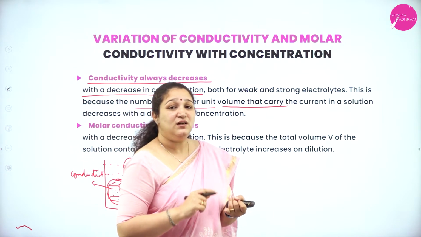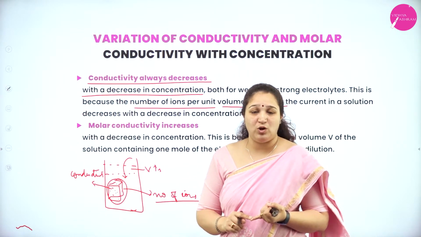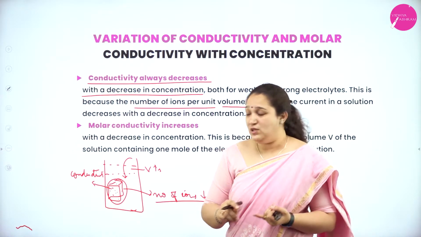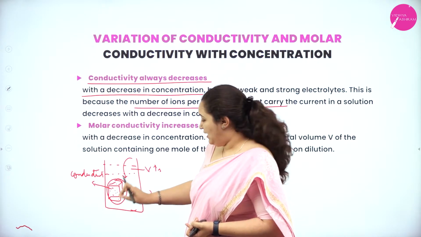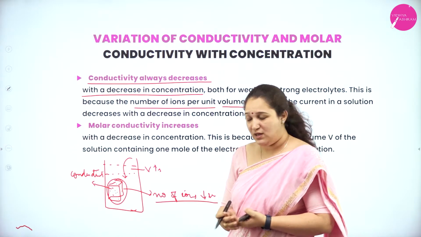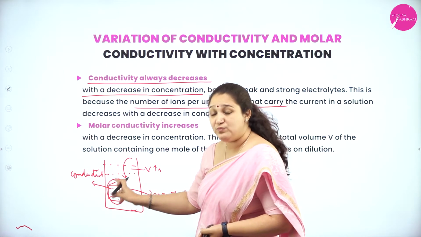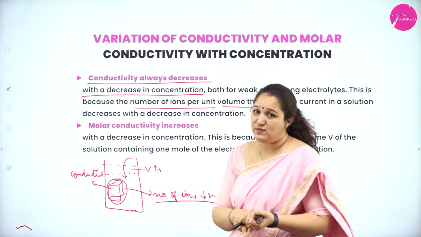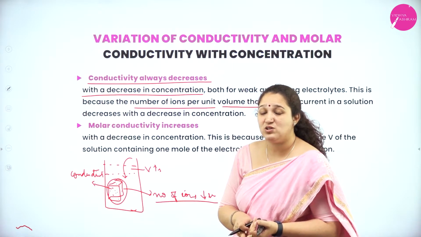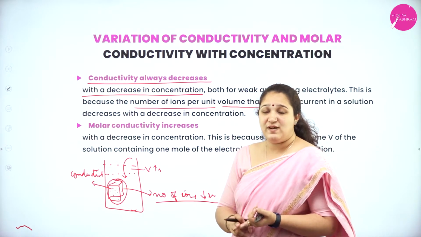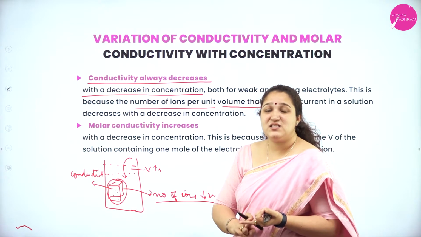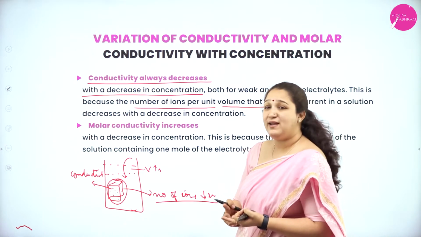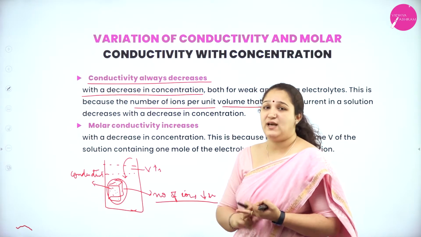Conductivity means the number of ions per unit volume that can conduct electricity. Now, when I dilute, the volume will increase and the ions will move farther apart. So, in this unit volume, the number of ions will decrease, and when the number of ions decreases, obviously the conductivity also should decrease. That's why conductivity decreases with the decrease in concentration, or I can say conductivity decreases with dilution.